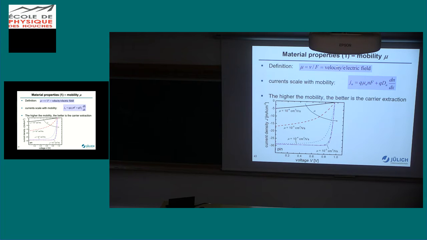Mobility is velocity divided by the field. Okay, that's the other way around. In principle, the definition should be the velocity is the mobility times the electrical field. So that is the velocity to move the charge carriers in a PIN junction. And also, you see here the current density divided into two terms. One is a drift term and one is a diffusion term.